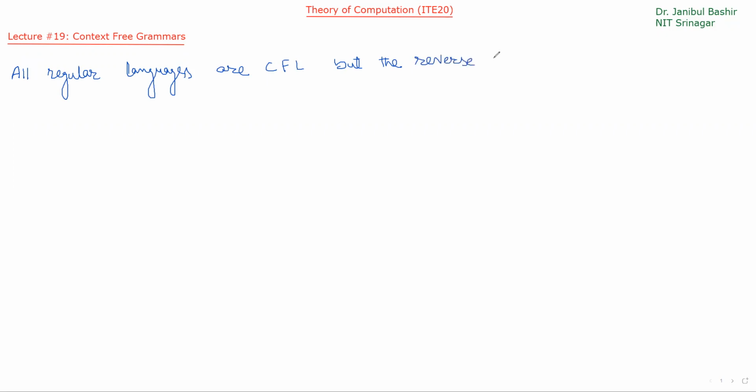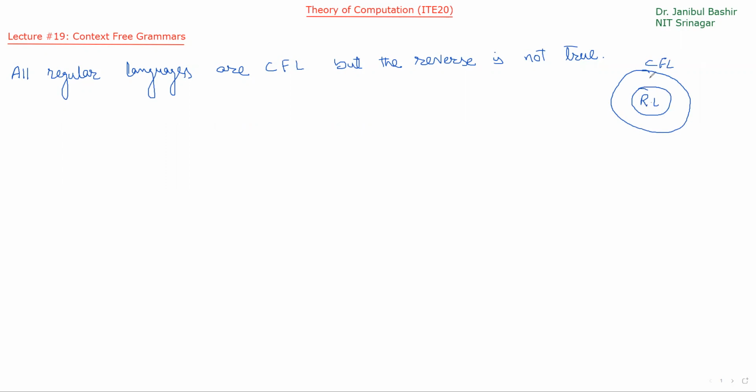What does that mean? By this statement, we are saying that if this is the set of context-free languages, then the regular languages are a subset of this set of context-free languages.